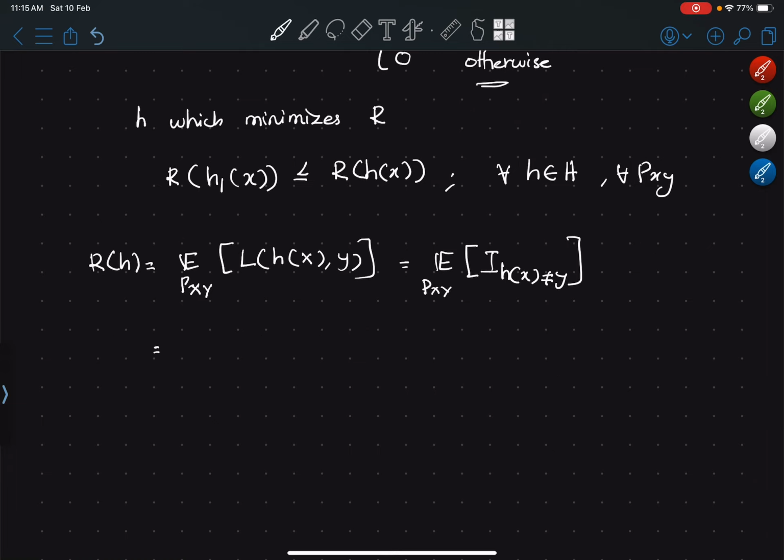Now we can use the Bayes rule. This probability P of x, y can again be split up as P of x times the expectation over P of y given x of the indicator h of x not equal to y.